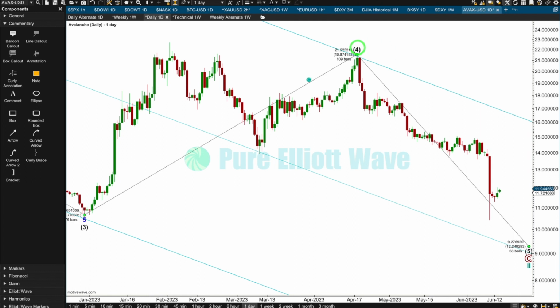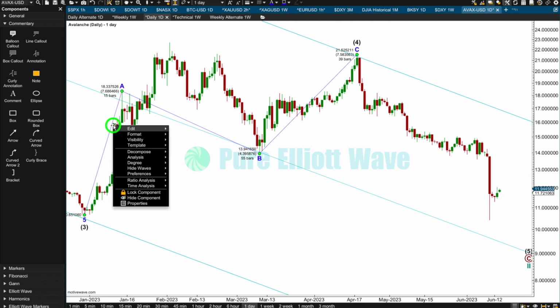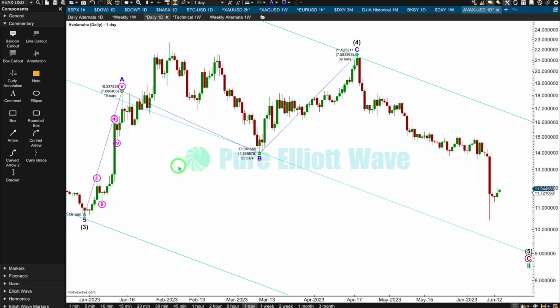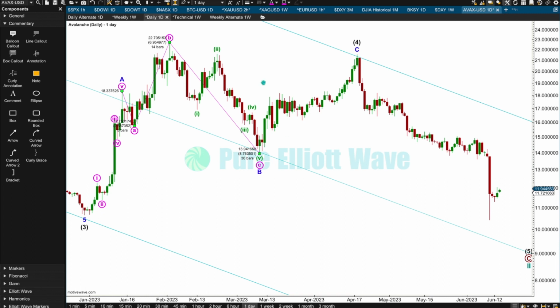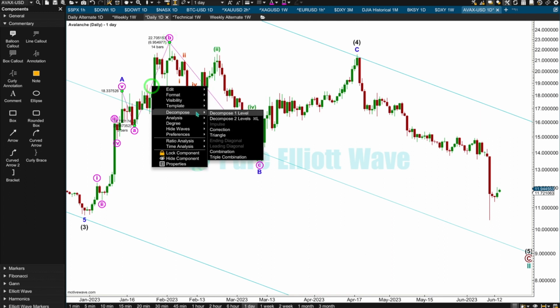Let's try something else. Okay, oh, that actually might work. Let's see. Now, A looks like a good 5, and B, oh yeah, okay, that will actually fit. This is a nice 5. I think this is a double zigzag.